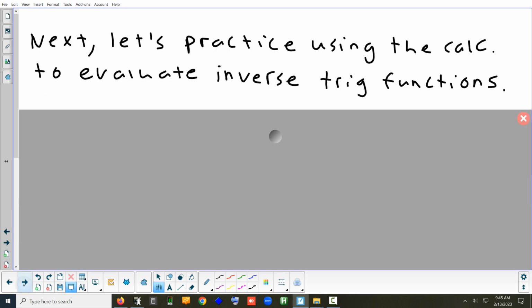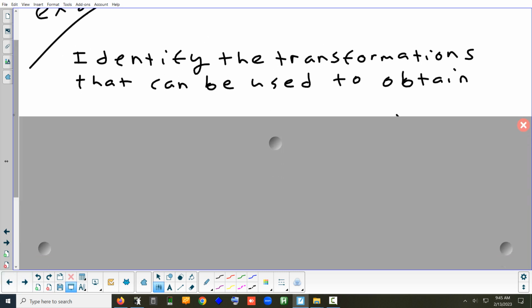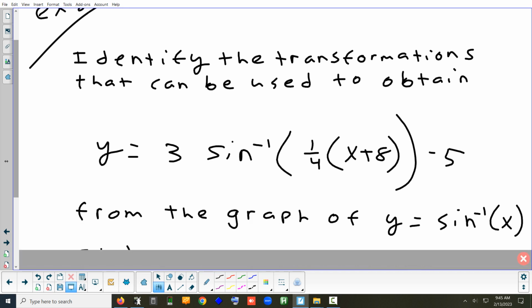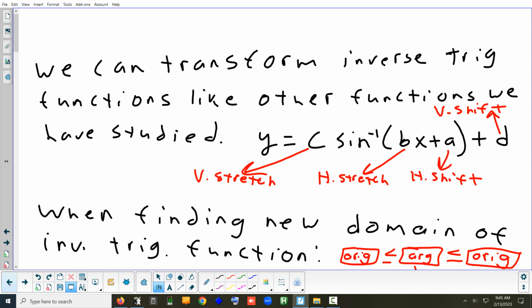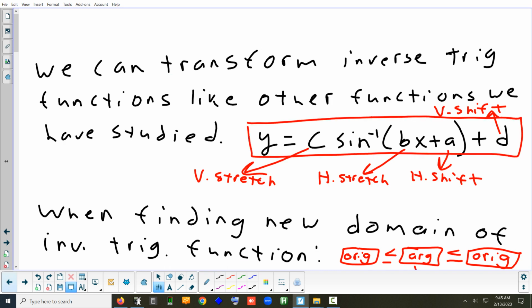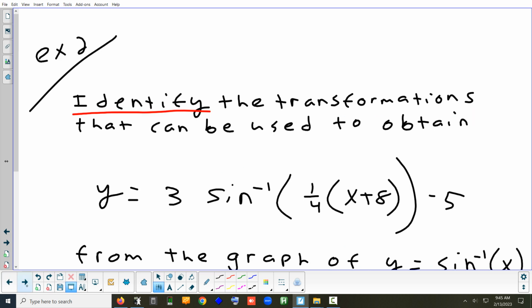Okay, so last thing with transformation. On this one, I want you to just tell me what the transformations are. You don't have to tell me domain and range. Just identify the transformations. First thing I usually do is make sure that that equation is written just like this. And you can go through it very easily. That problem is not written like what I have.